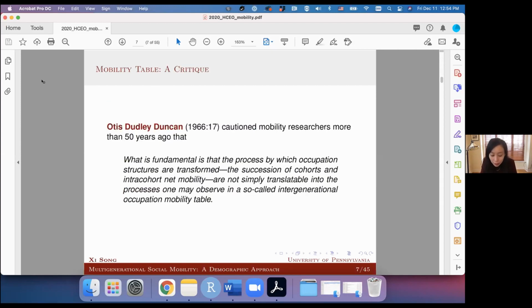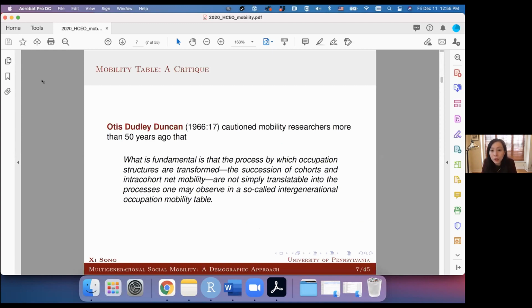So the mobility table has been used for probably more than 100 years, and it has been criticized from the very beginning. Here I just quote one of the critics, Otis Dudley Duncan, who is a famous sociologist also known for his work on social mobility.